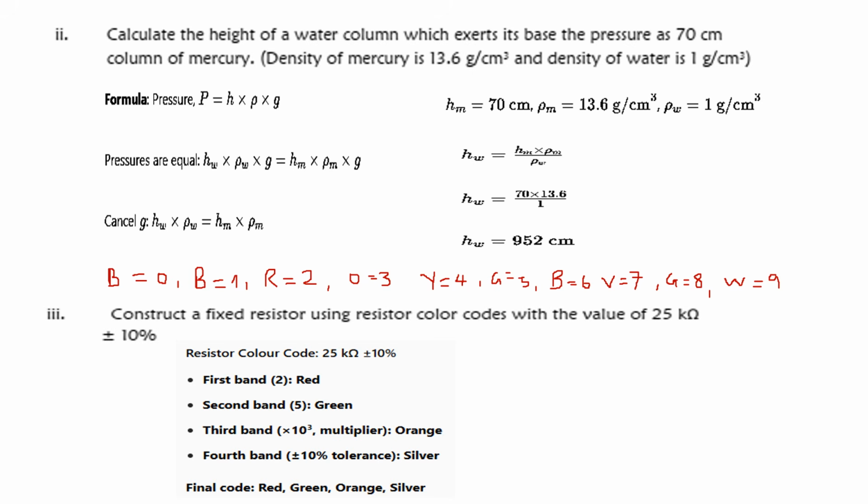These are called color codes. So you can use these to calculate resistance. Given the color codes on a resistor, we can calculate resistance, or given the value of the resistance, we can convert into color codes.